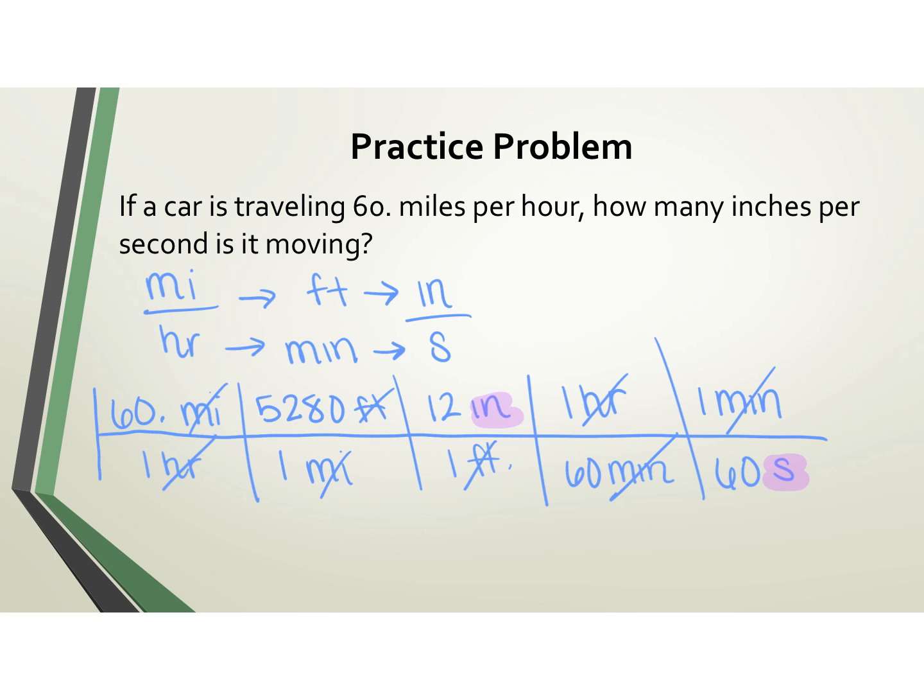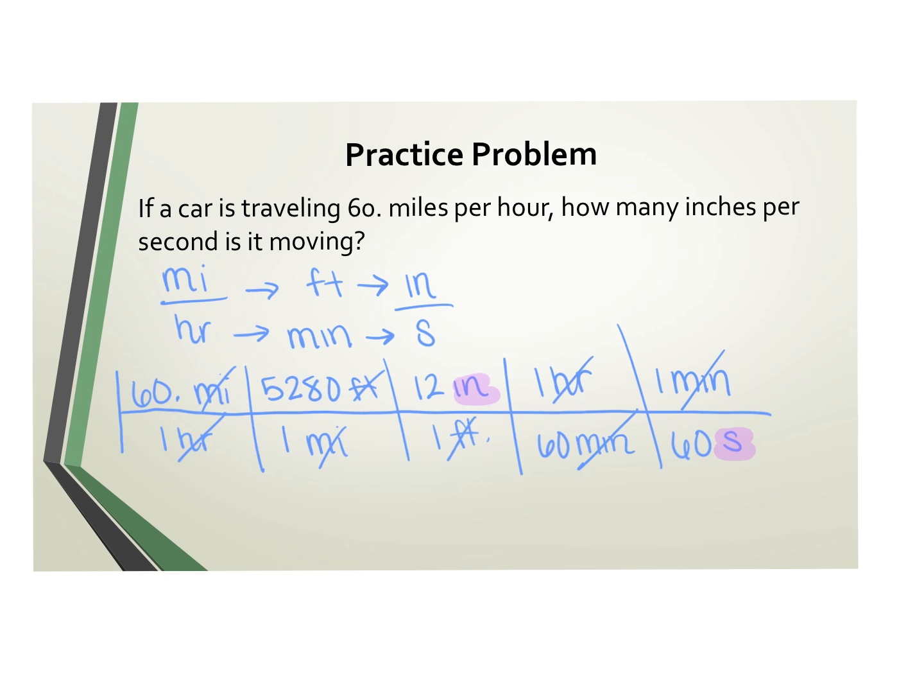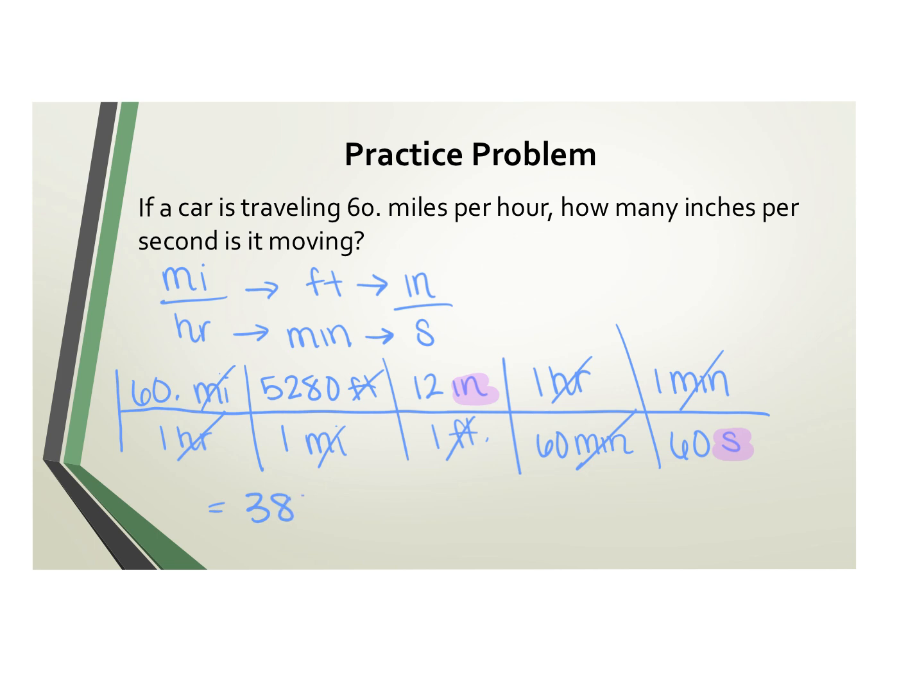So now it's time to calculate. And you're going to calculate it the exact same way you always have. So multiply that top row. So 60 times 5280 times 12. 3,801,600. Okay, are we getting this really large number? Yes. Okay.